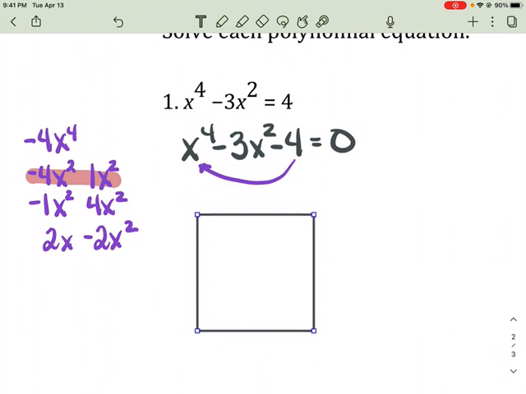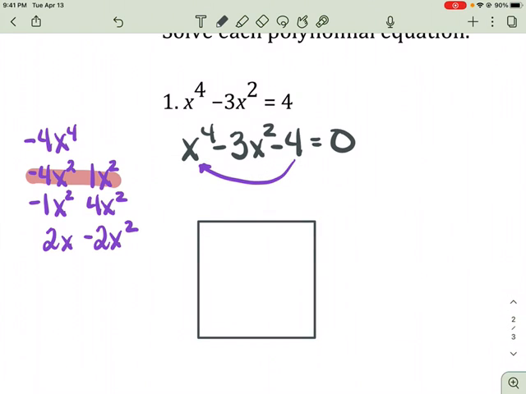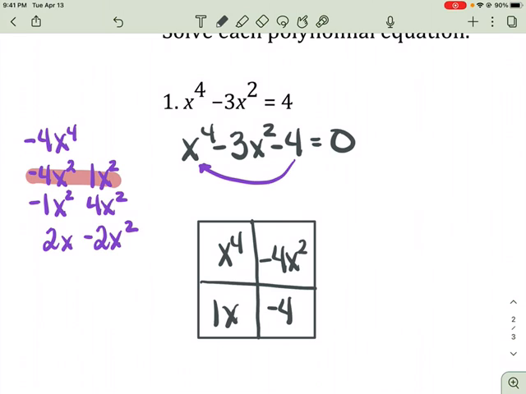Gotta move my box. Okay. Remember, everybody goes in a specific place. And then the other 2 boxes are what we found.